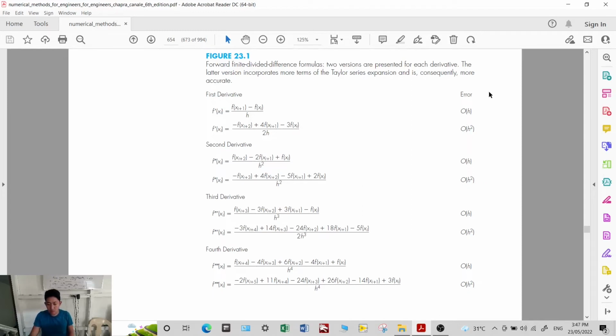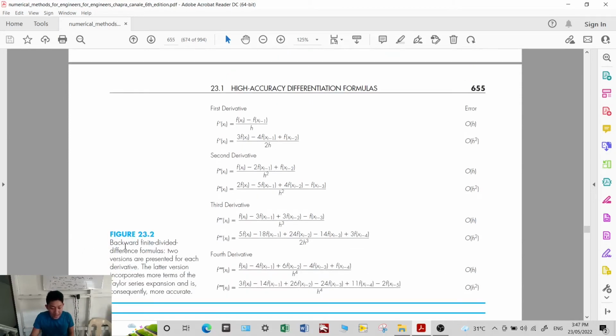As you compare, the error is now of second order accuracy. For the second derivative, this is the formula. As you increase the derivative order, the complexity also increases.